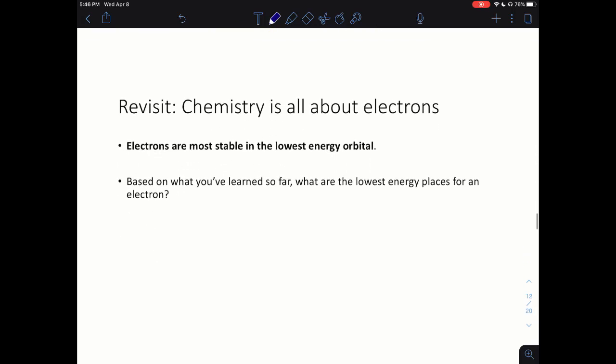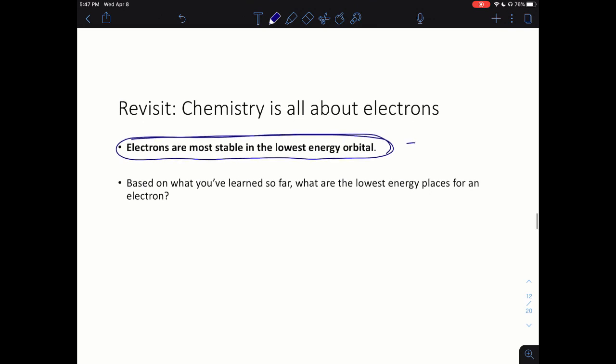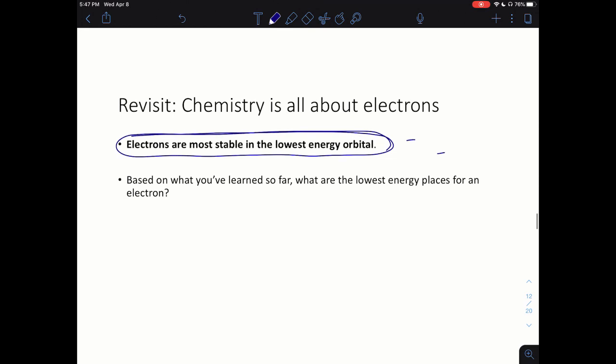Okay, so speaking of this slide, chemistry is all about electrons, and electrons are most stable in the lowest energy orbitals. And so we saw for hyperconjugation, even though it was really weird, even though we had a sigma CH with really low energy electrons, they were overlapping with a p orbital if it was empty, or they were overlapping with pi star.